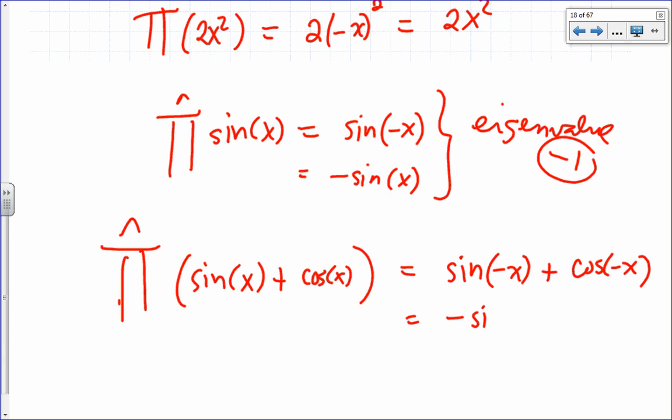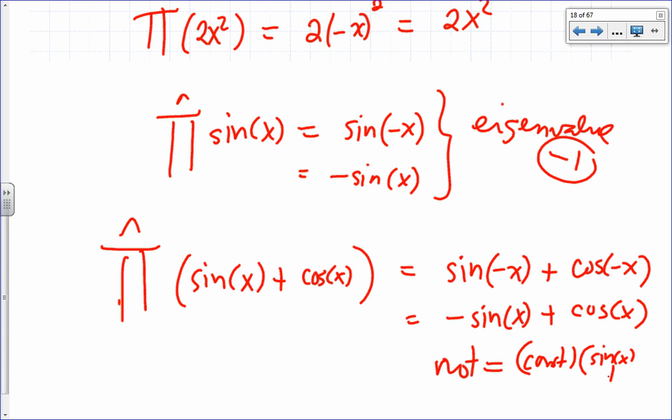So that's negative sine x plus cosine x. Is that an eigenfunction? No. It's not equal to a constant times the original function, sine x plus cosine x. Okay? So it's not an eigenfunction.